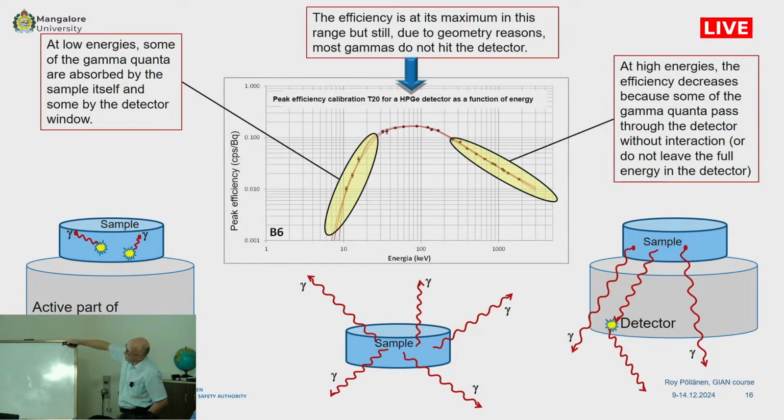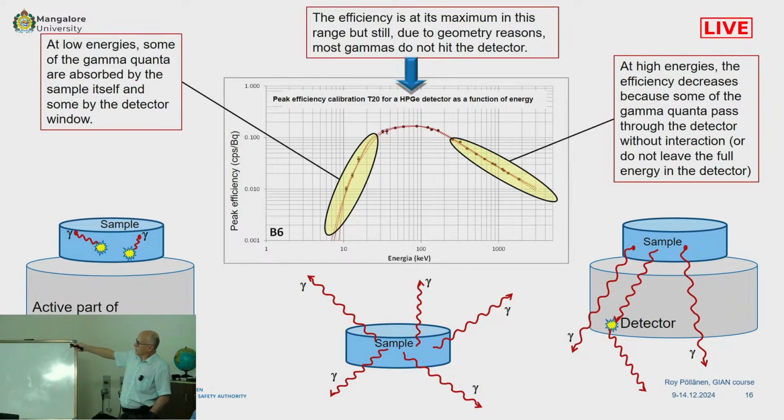That's why the curve is decreasing very rapidly down there. And of course, some of the photons are absorbed in the detector window too, which is very thin, but it may happen.